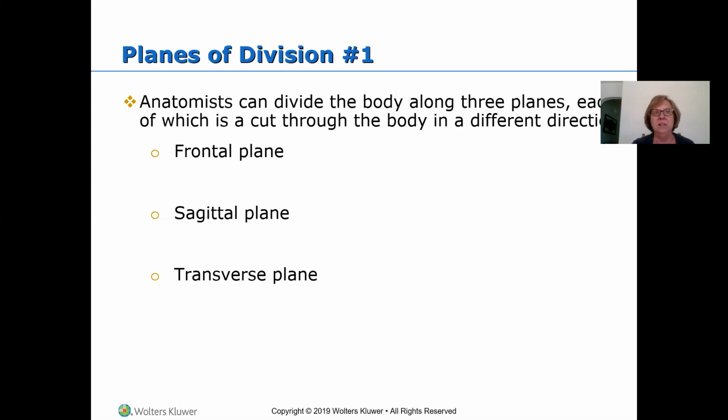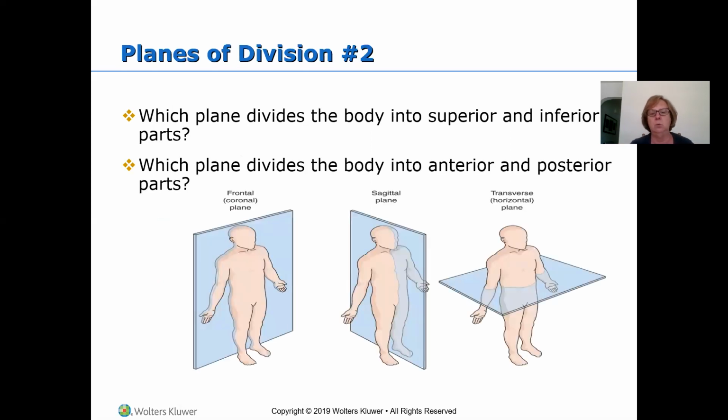The sagittal plane is, and I think we have it here. So if you are looking at it and you're going straight down through your nose, that's a sagittal plane. And the transverse is into upper and lower parts, so you're cut through the center.